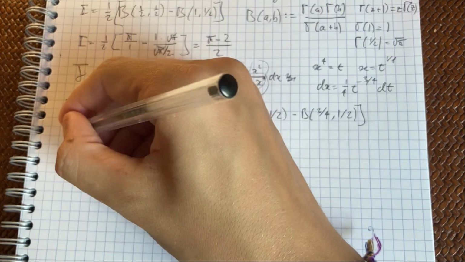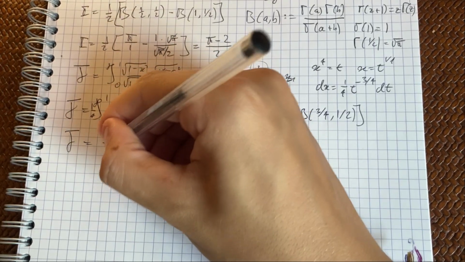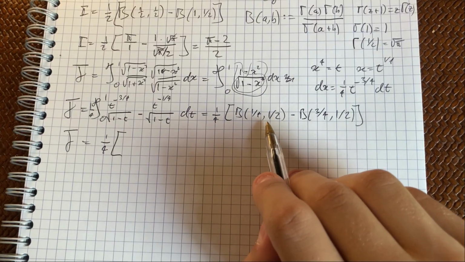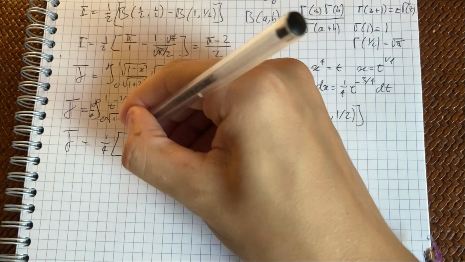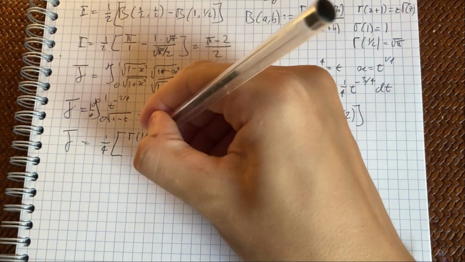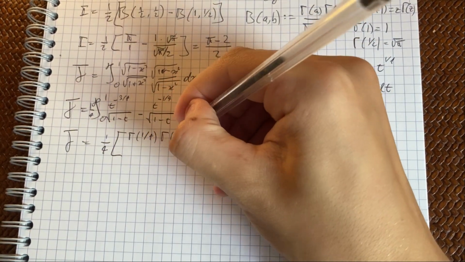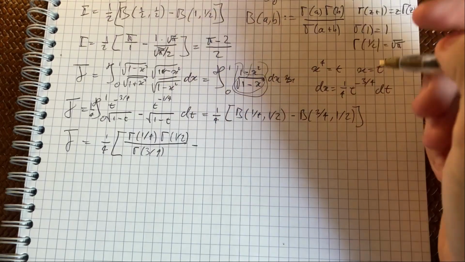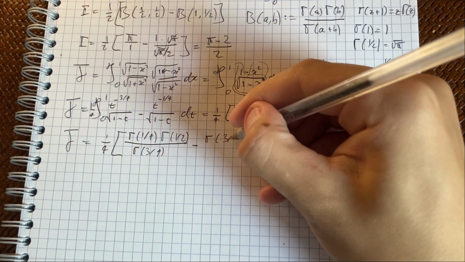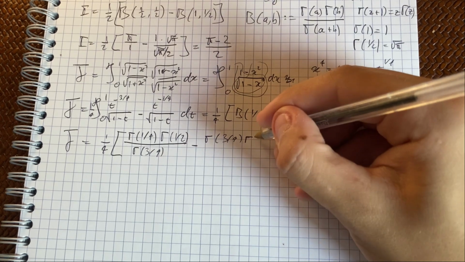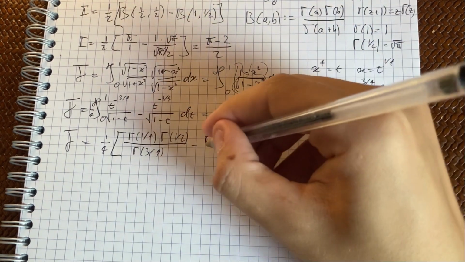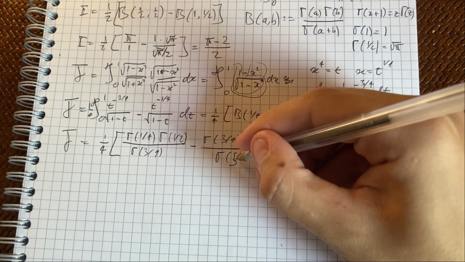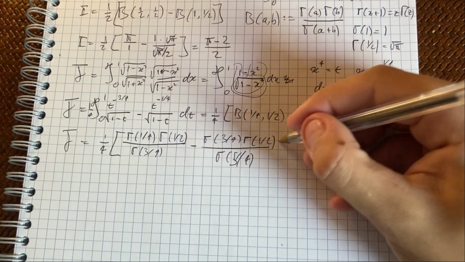And when we try to evaluate this, pretty easy, j equals 1/4 of beta 1/4, 1/2 is, again, we use this identity, so we have gamma 1/4 gamma 1/2 by gamma 3/4 minus gamma 3/4 times gamma 1/2 by gamma 5/4.